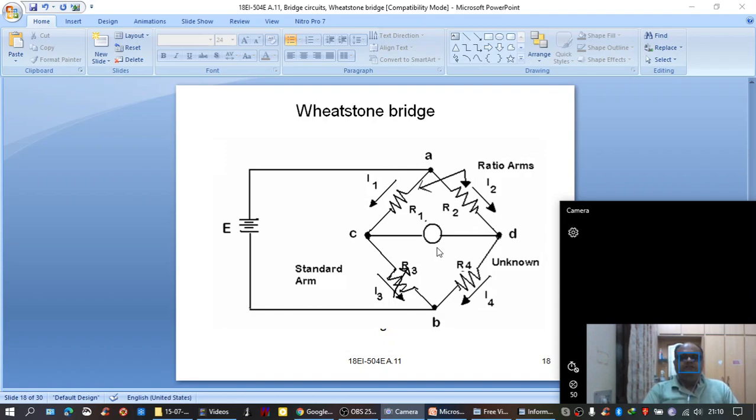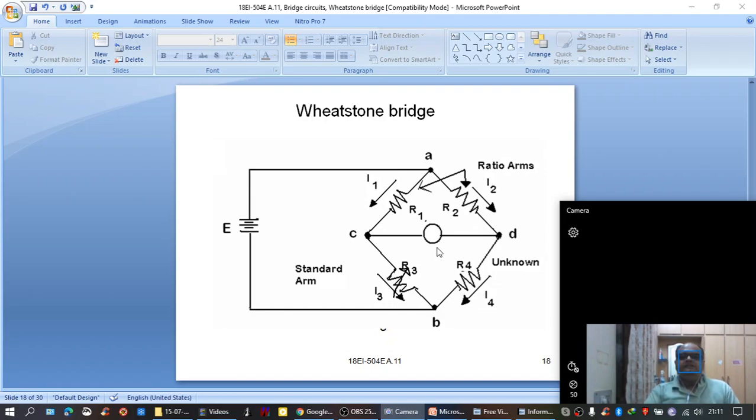R3 is gradually increased, observing the null detector pointer position, and at one particular value of R3, the null detector pointer rests at 0.